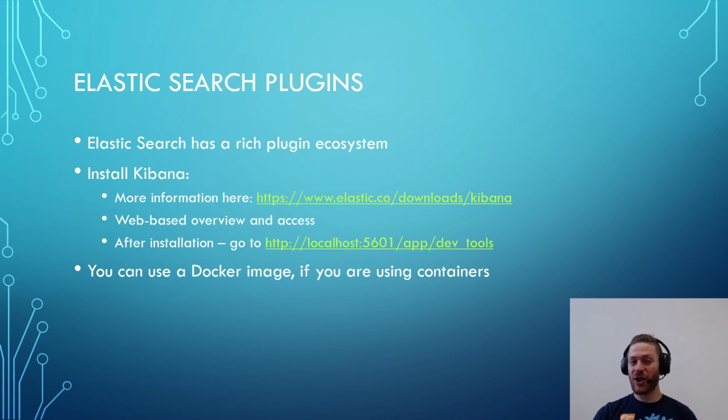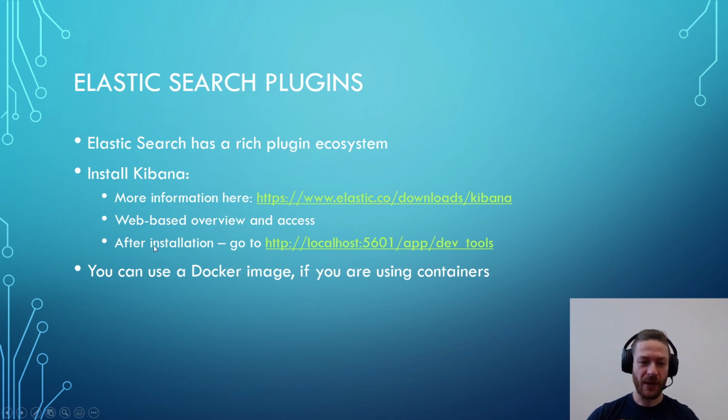Elasticsearch has a very rich plugins ecosystem, so most probably if you need something, it will already be implemented as a plugin. One such plugin is the so-called Kibana. You can download it from this URL, and it gives you web-based overview and access to the database because you don't have any UI. You don't have any graphic user interface by default.